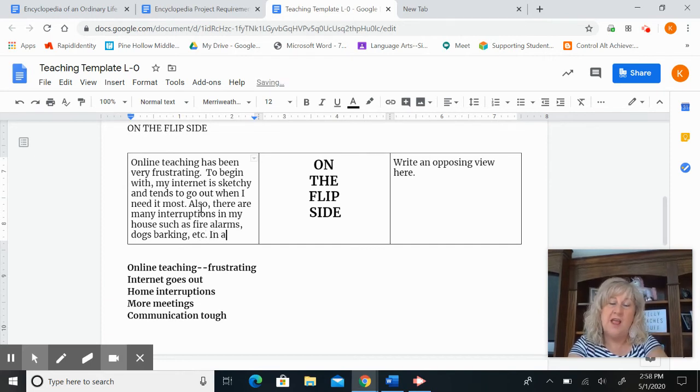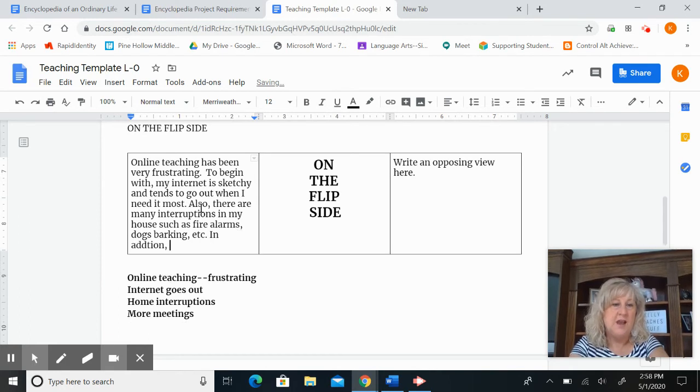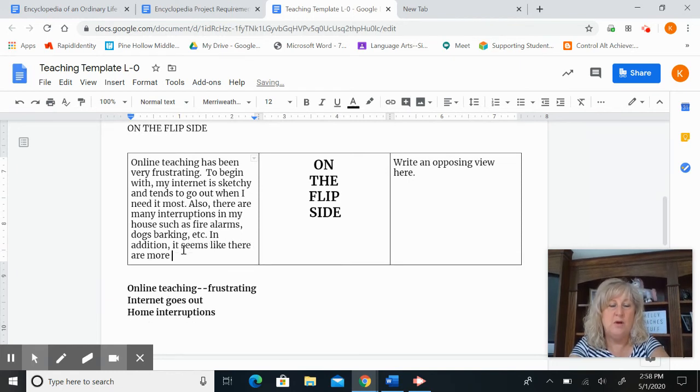In addition, I have another transition word. I still spelled it wrong. Okay, there we go. In addition, it seems like there are more meetings. I'm going to say more work meetings.